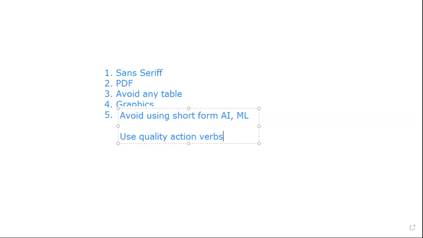It should not be a very ordinary one. So quality words that you need to use. For example, as I said, executed, amplified, applied, analyzed, all these kinds of words. Okay, so with the help of all these things, you can create your resume. If you have any question, you can ask me.